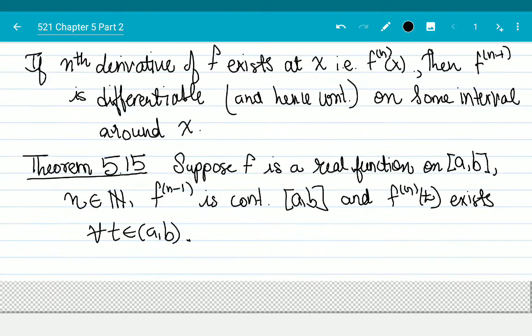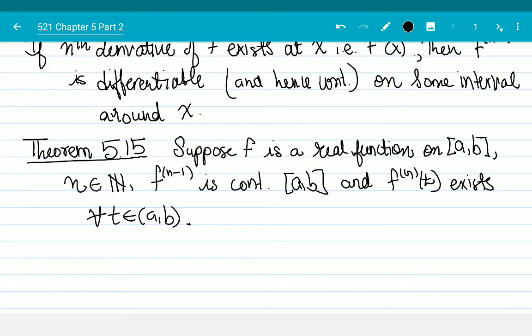Because we have not defined one-sided derivatives, the derivatives only exist inside, not at the endpoints.